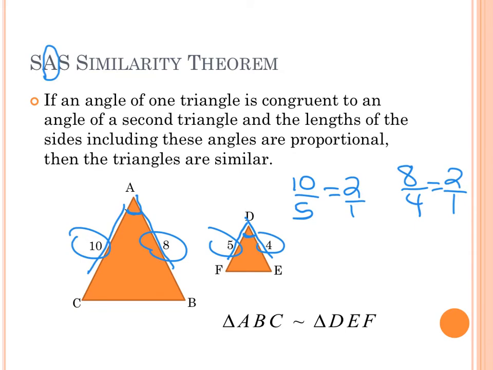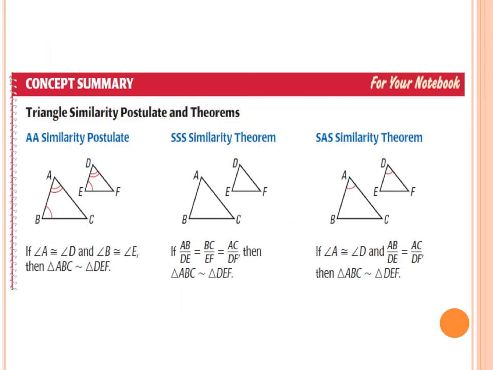And then the angle that is congruent is the included angle. Here is just a summary of the 3 shortcuts. You have the AA similarity postulate, the side similarity theorem, and the side angle side similarity theorem.